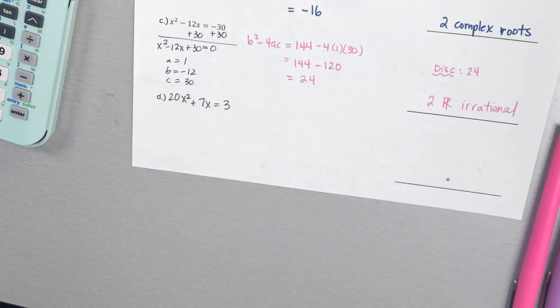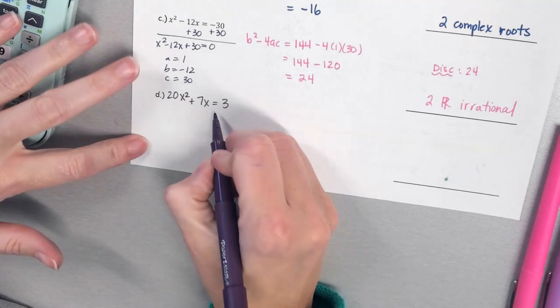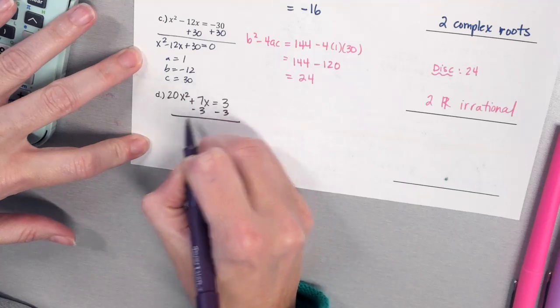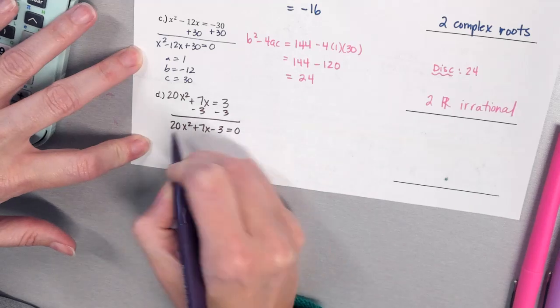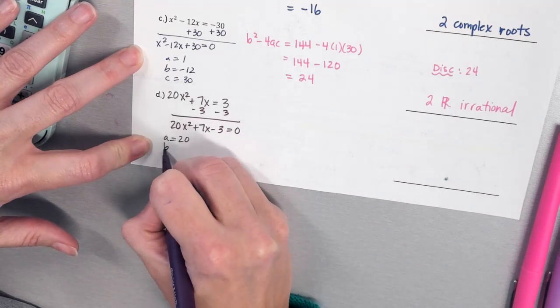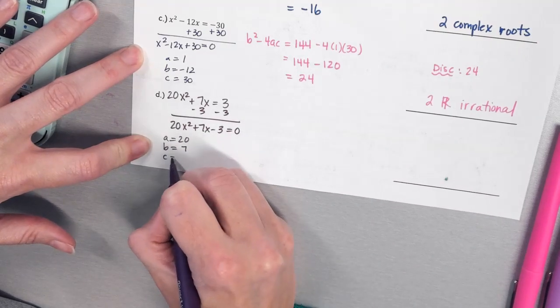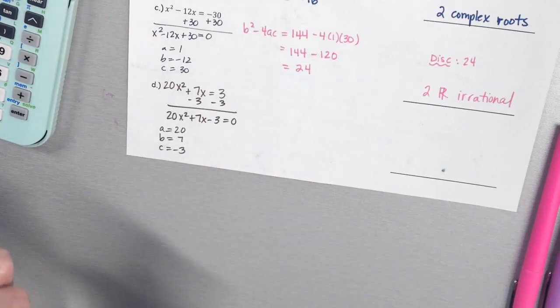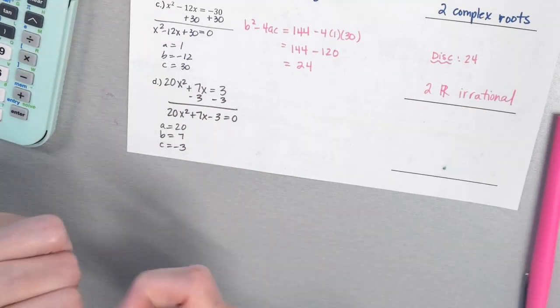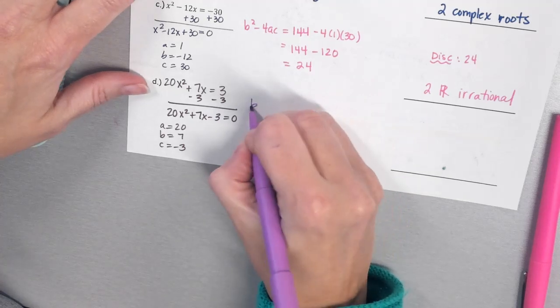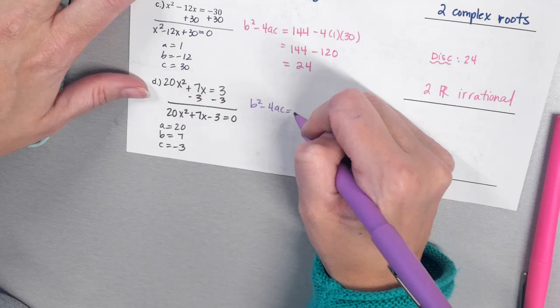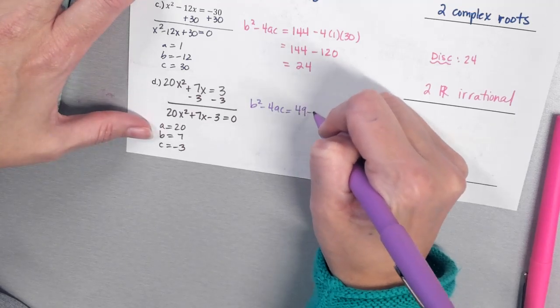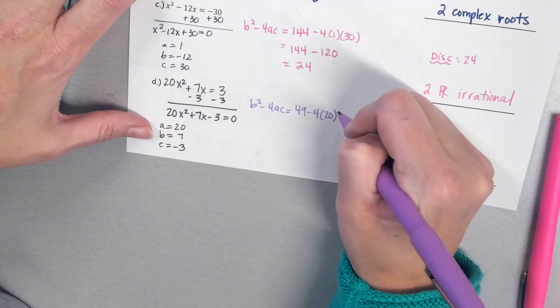Okay, so you had to move over your 3, so you subtracted it. Yeah, if you need your calculator to check to see if your number is a perfect square, you can do that. Okay, so then your b squared minus 4ac is going to be 7 squared, which is 49, minus 4ac.